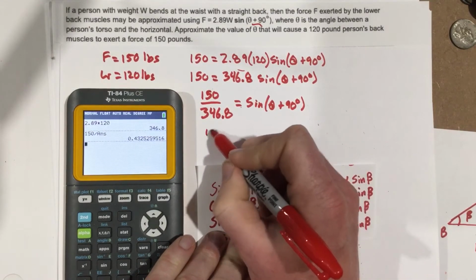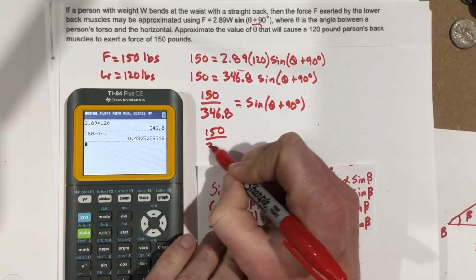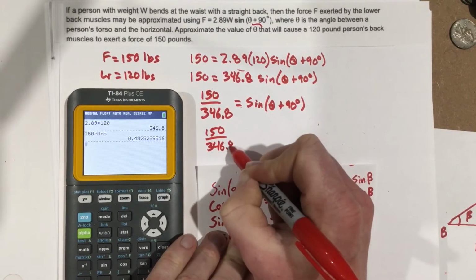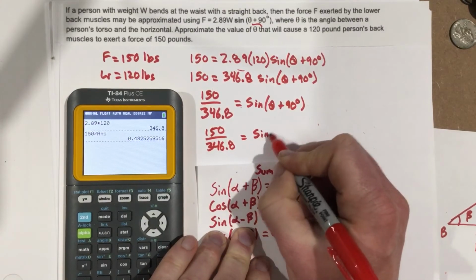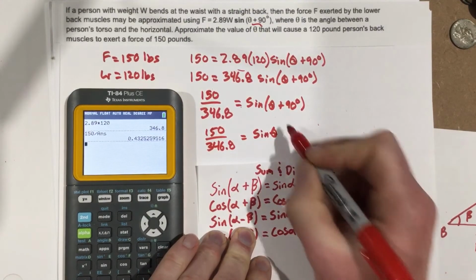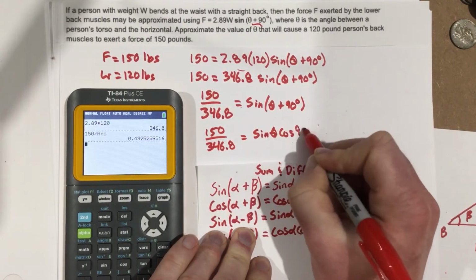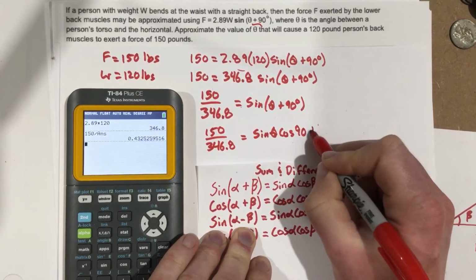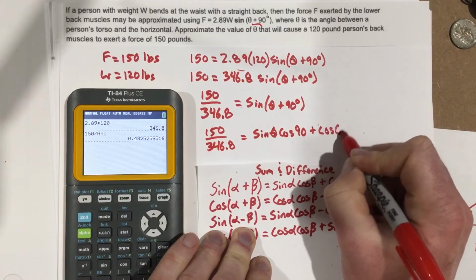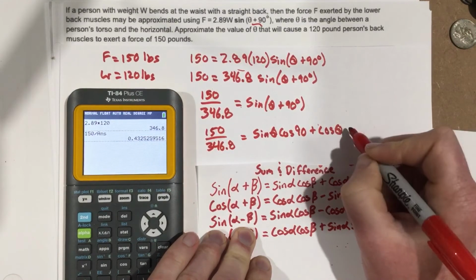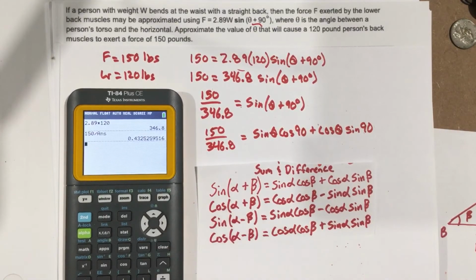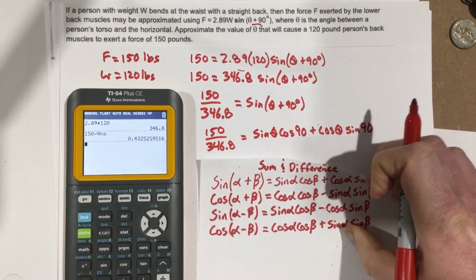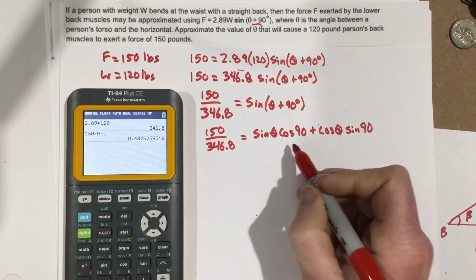We can write 150 over 346.8 is equal to sine theta cosine 90 plus cosine theta sine 90.